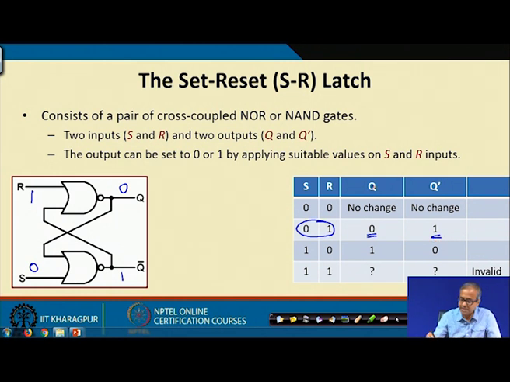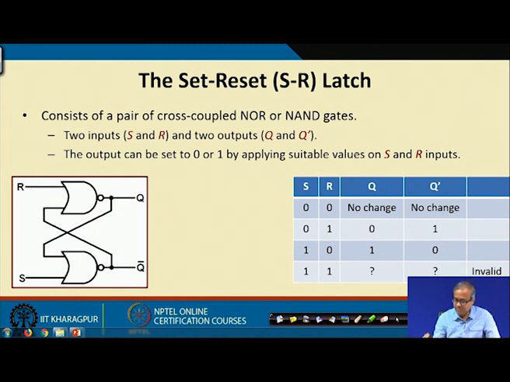So, whenever I have to set the output Q to 0, I will have to apply S equal to 0 and R equal to 1. Similarly, if I apply the reverse, S equal to 1 and R equal to 0, then this 1 is the input of this NOR, this gate will become 0 and 0 0 will become 1. So, the output is 1. Whenever I want to make the output 1, I have to apply 1 0.